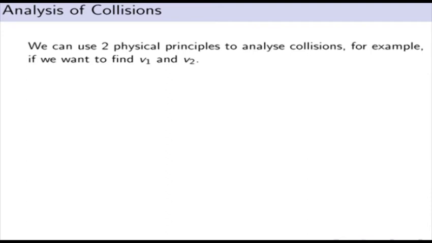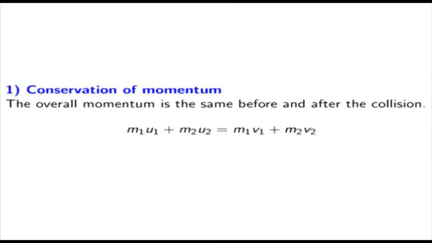So let's have a look at the first one. The conservation of momentum says that the overall momentum in a collision is preserved. Now you probably remember that the momentum, or the linear momentum as it's also called, of an object is the mass of the object multiplied by the velocity of the object when it moves.